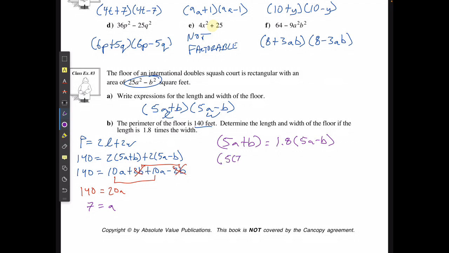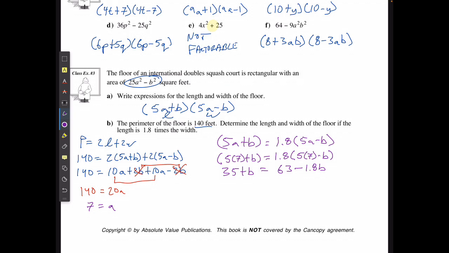It's going to be 5 times 7 plus b, and 1.8 times 5 times 7 minus b. And so when I'm doing this, I can say that I have 35 plus b is equal to 1.8 times 35, or 63, minus 1.8 b's.